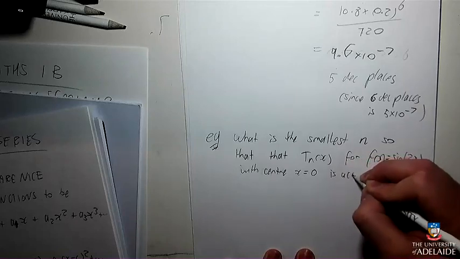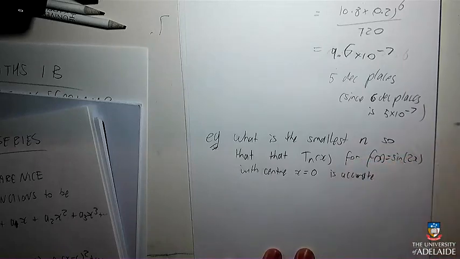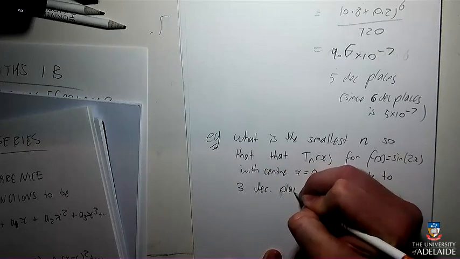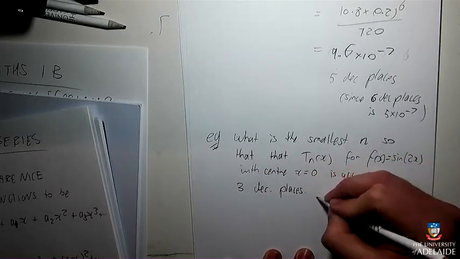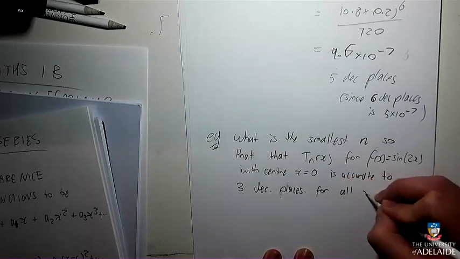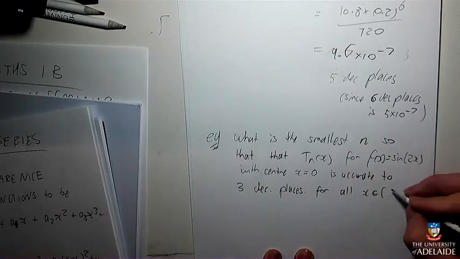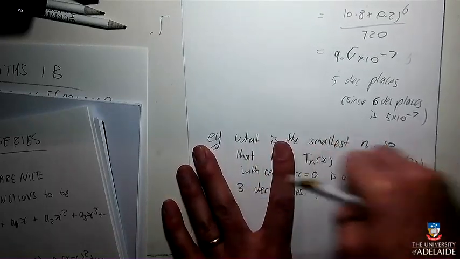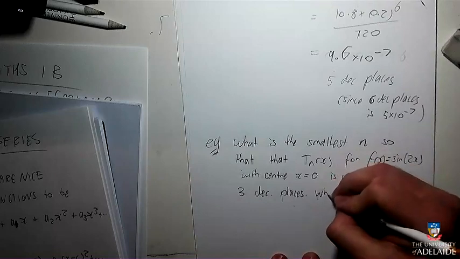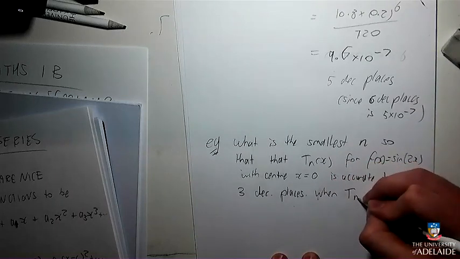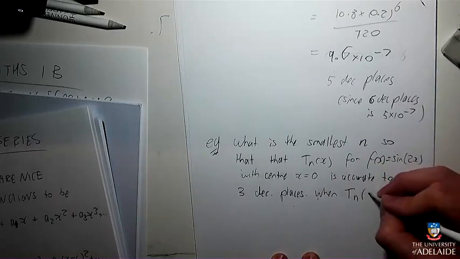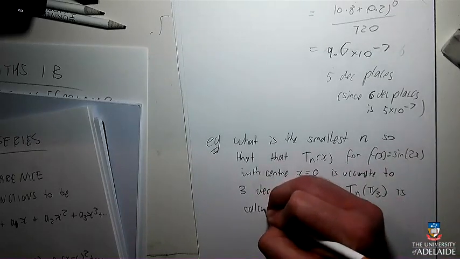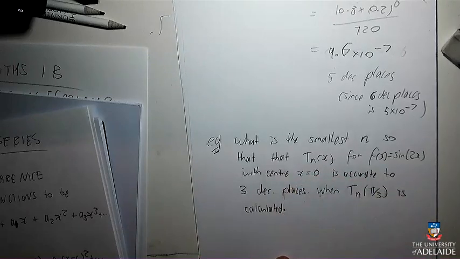Is accurate to 3 decimal places for all x within, I don't know, when Tn of pi on 3 is calculated. Let's do that.